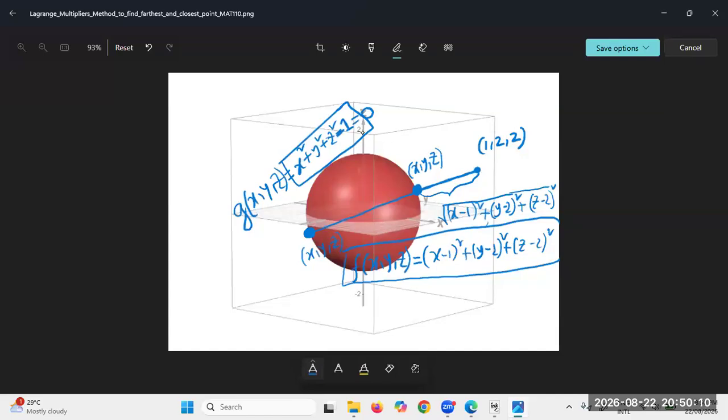This is also valid. So you can write two ways of our g of x, y, z. Both are valid, because for the gradient, the constant doesn't matter.